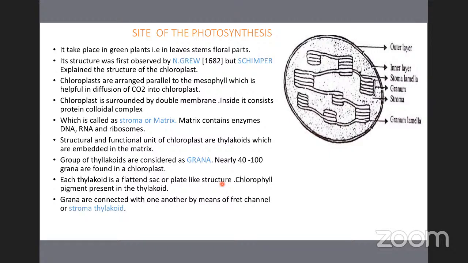In the same way, the plant uses this thylakoid plate-like structure for keeping or arranging the pigment inside the plate. So thylakoid is a plate-like structure in which we can find the green-colored chlorophyll pigment.